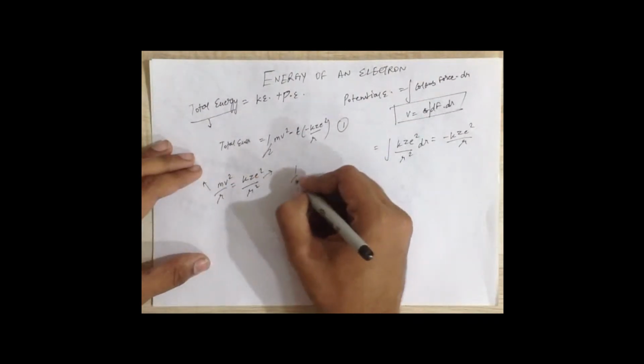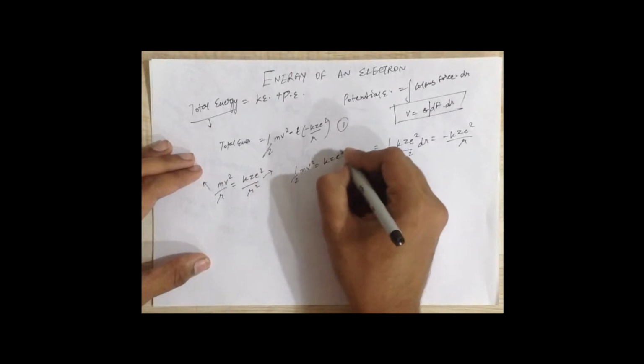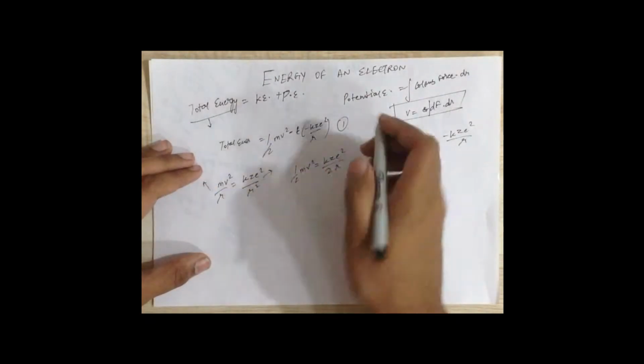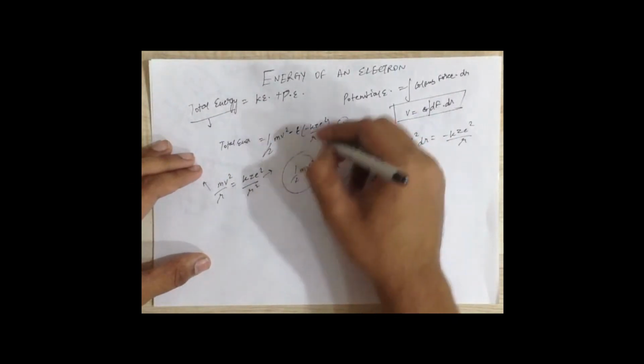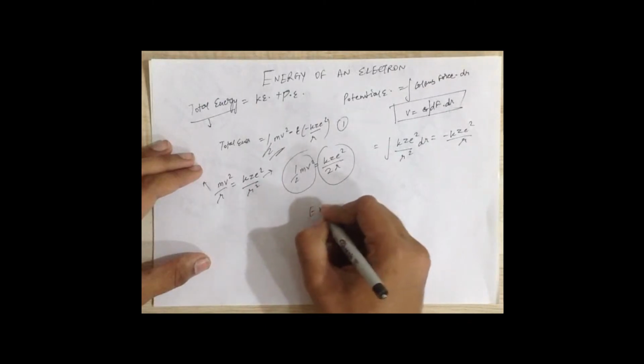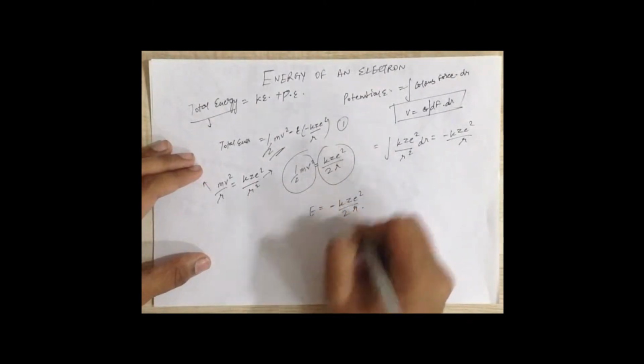So on manipulating this, half mv square comes out to be kz e square upon 2r. Substituting this in this equation, we get energy as minus kz e square upon 2r.